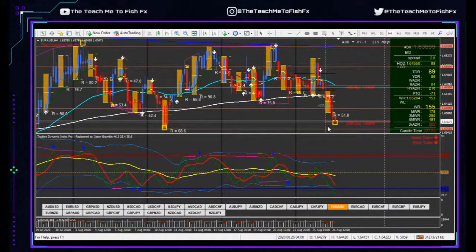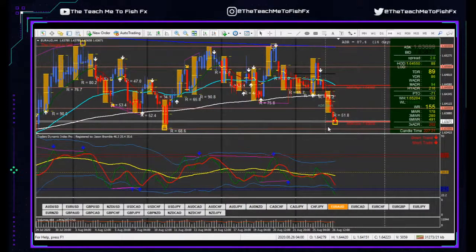Euro CAD, nothing fresh for this week, still playing off of the signal from last week. Euro Swiss, we got a signal late yesterday, so keep an eye on Euro Swiss. Euro GBP, nothing fresh for this week.